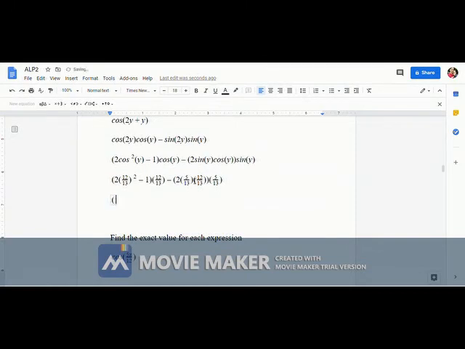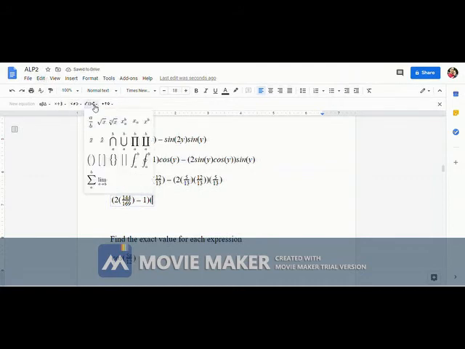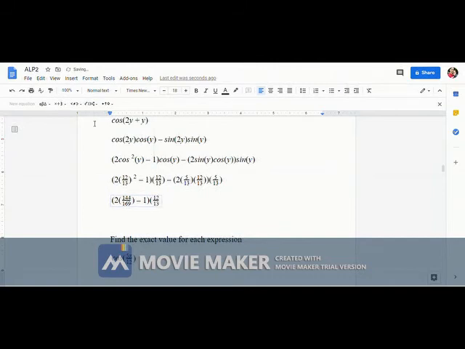So we have 2 times 12 squared over 13 squared, which is 144 over 169, minus 1, times 12 over 13, minus 2 times 5 times 12 is 60, 13 times 13 is 169. Alright, and then that times 5 over 13.